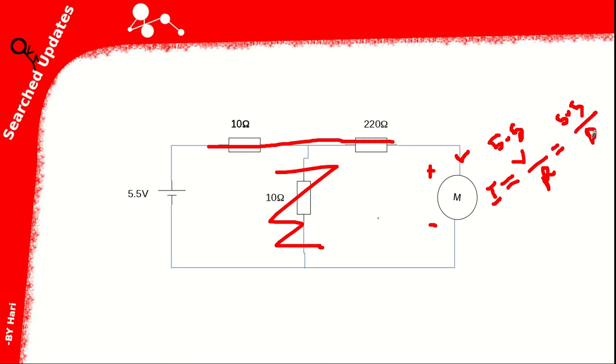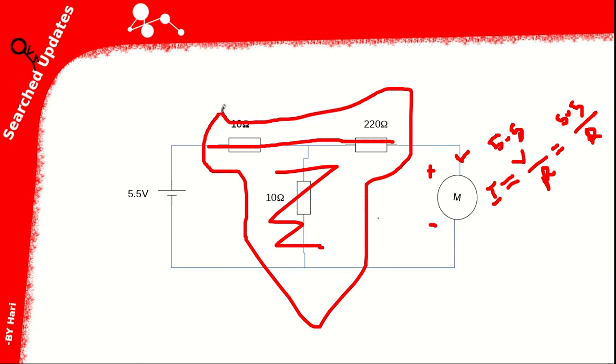If we know the resistance of the motor, then we can easily find the current flowing through the motor. But here the case is it contains some resistors. Then how should you find it? For this, KCL and KVL help.